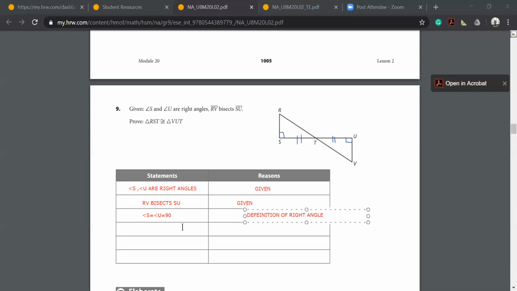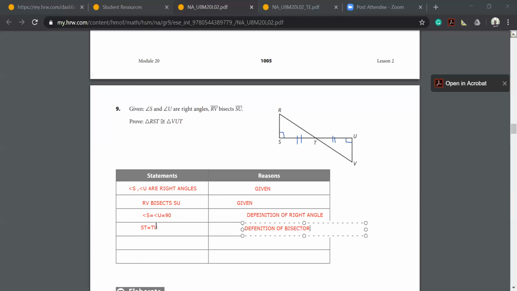Okay, and what else? ST will be equal to TU. Why? Because this is the definition of segment bisector, or definition of bisector.